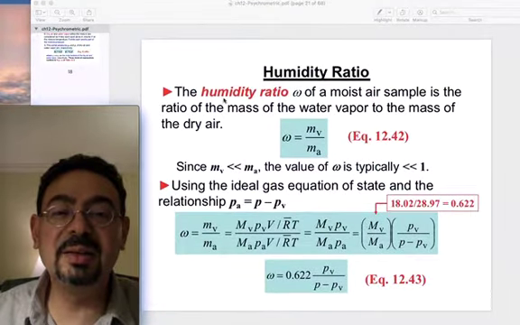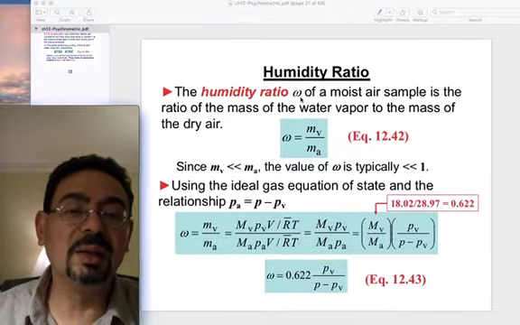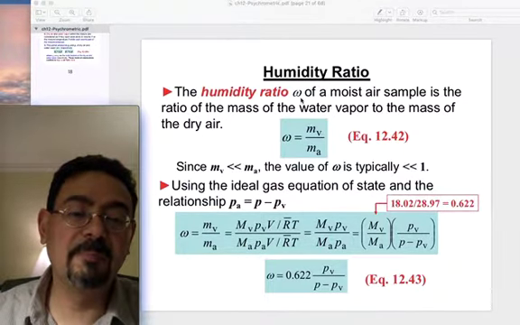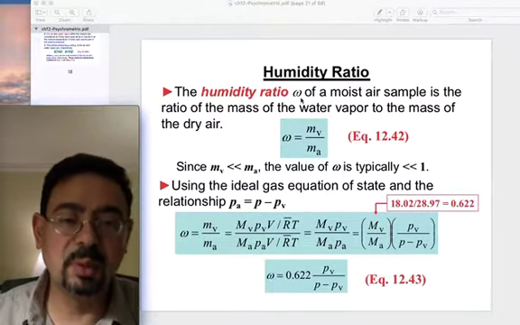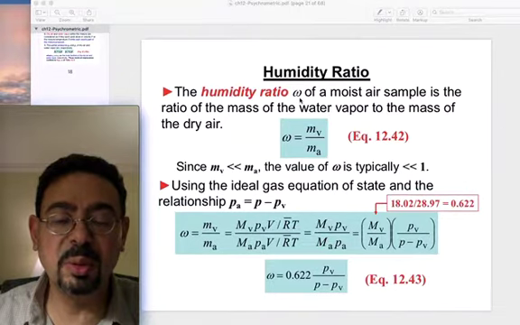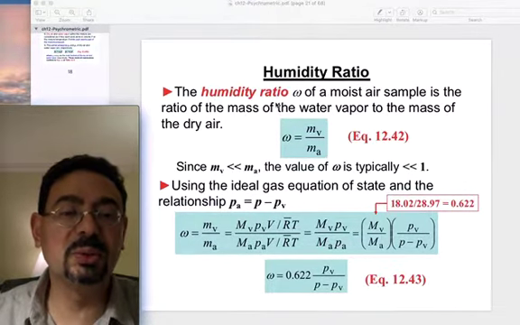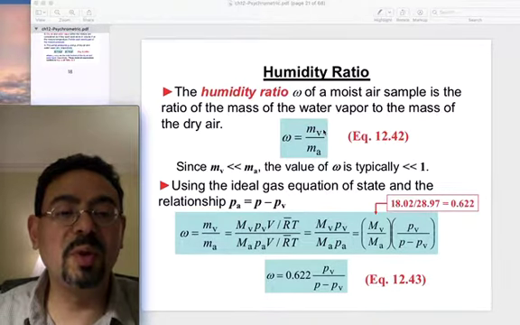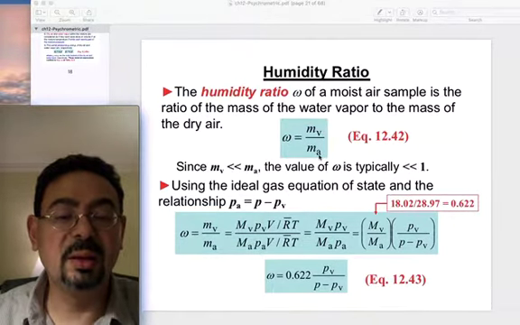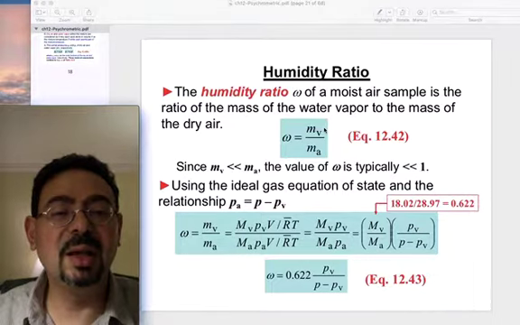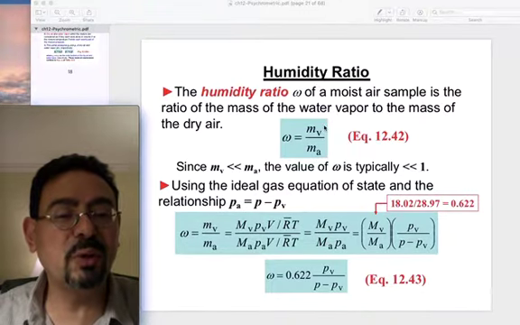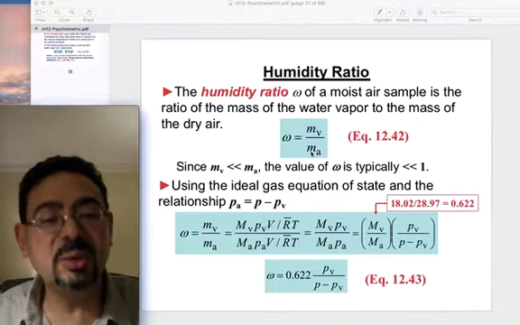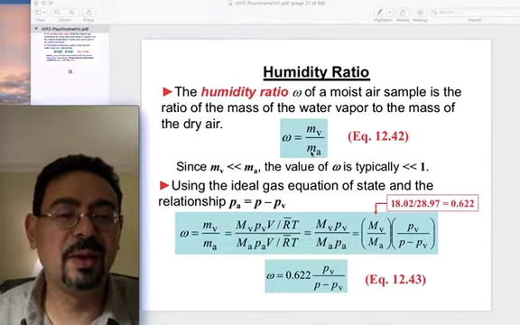There is a humidity ratio, and this symbol is omega. Okay? But in the book, sometimes they write it W. So be careful whether it's written as W or omega. Anyway, the humidity ratio is the mass of the vapor over the mass of the air. The relative humidity was not the pressure of the vapor over the pressure of the dry air. It was the pressure of the vapor over the pressure of the vapor if it was saturated at room temperature.